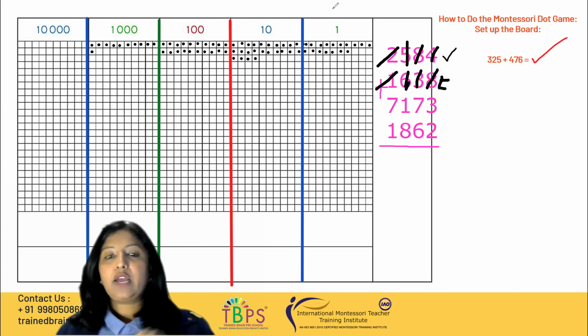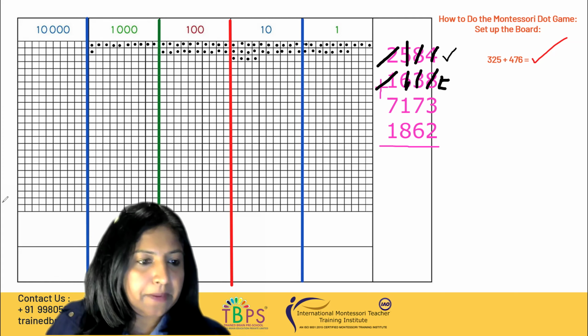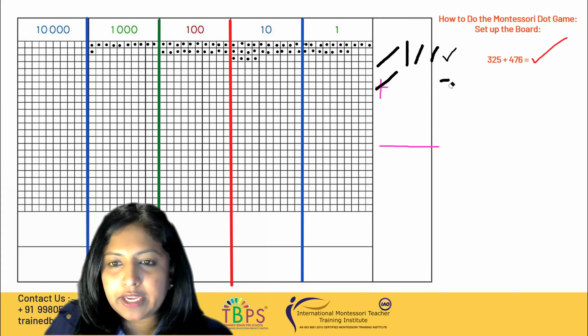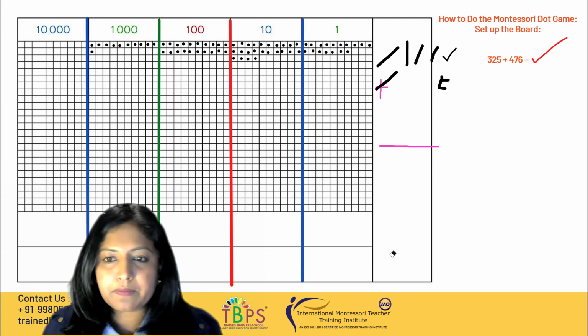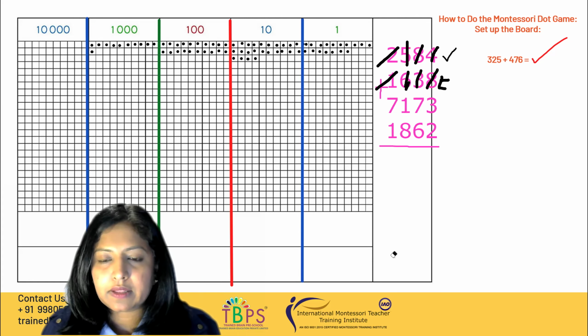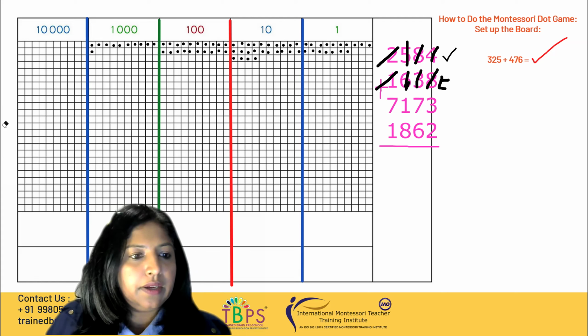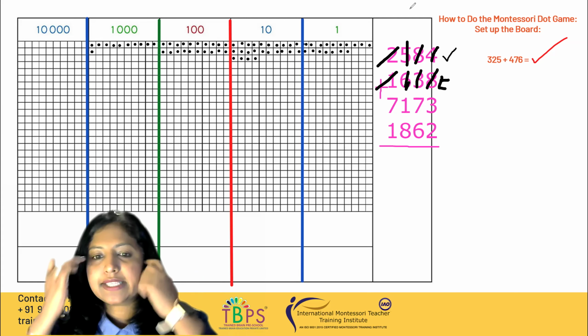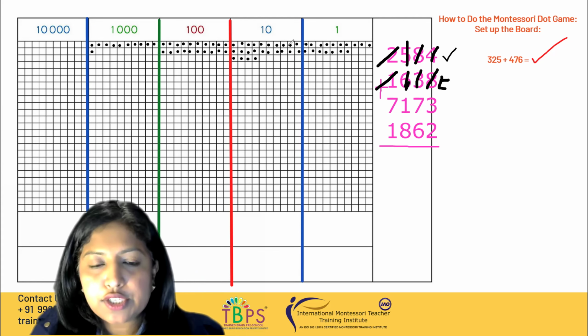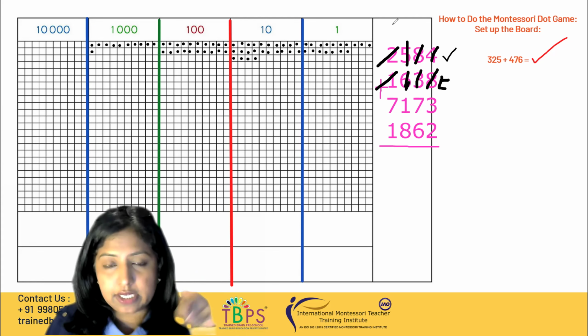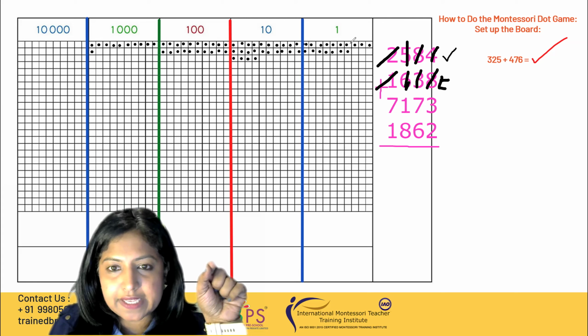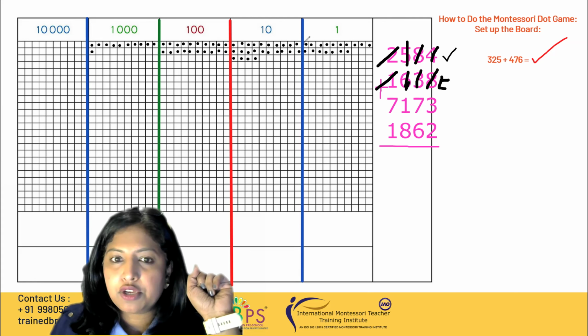Okay. Now let's do the operation. Let's count the first number. We are starting with our ones: 1, 2, 3, 4, 5, 6, 7, 8, 9, 10. Correct? So what should I do?